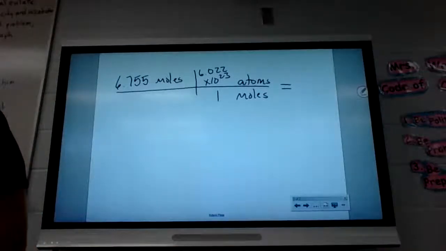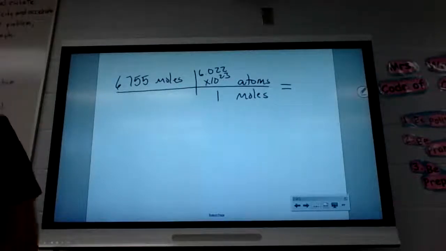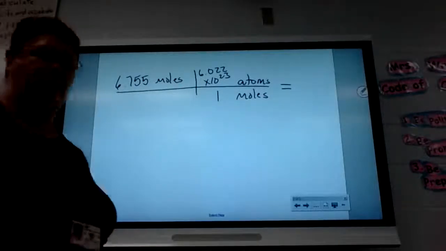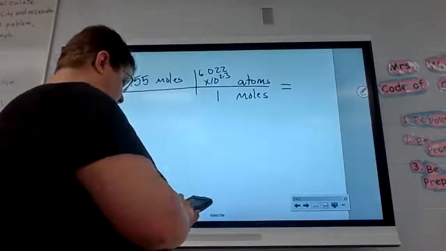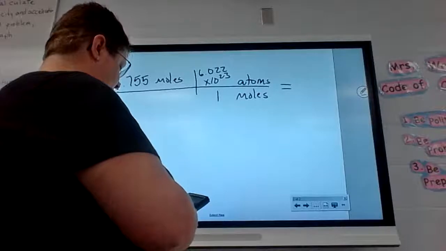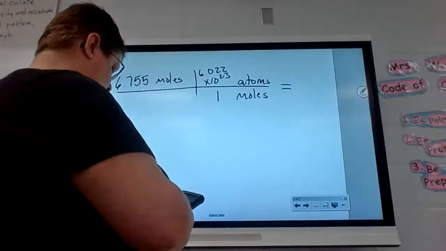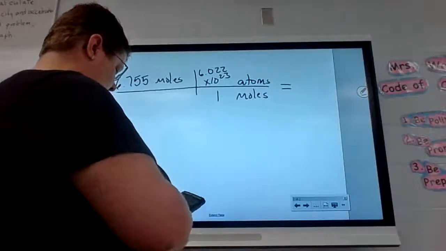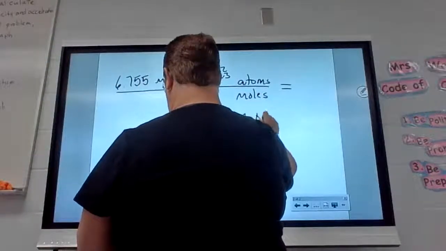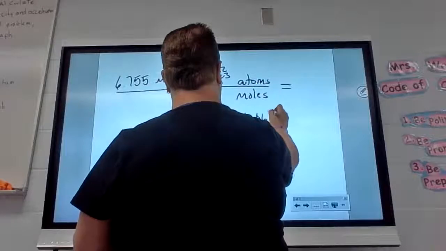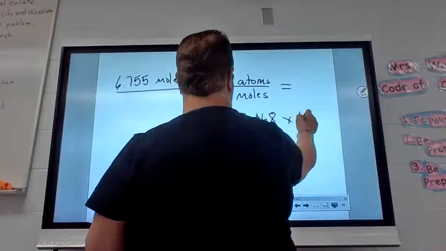I got exponent of 23. Okay, so what do I call out? I think it's 24. So 6.755 times 6.022, EE 23. I did get 24. 4.068, I'm going to round up to 8 because I got a 7 there, times 10 to the 24th.